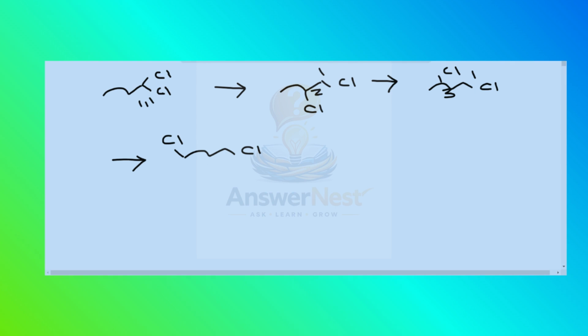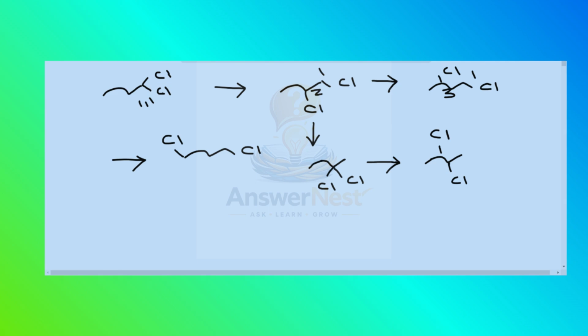And we could also branch off of this one, just put both chlorines on the same carbon. And going from here, we're going to leave this one here, put that one over there.